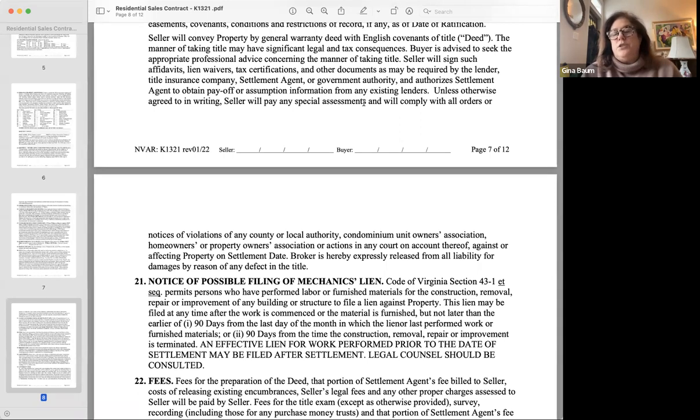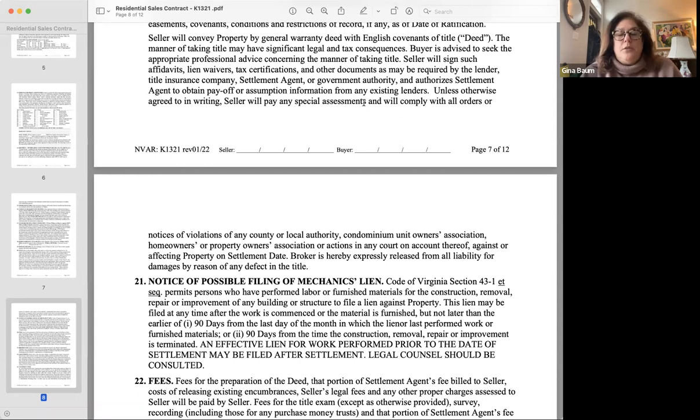The seller is responsible for that and will comply with all orders or notices of violations of any county or local authority, condominium owners association, homeowners or property owners associations, or actions in any court on account thereof against or affecting property on settlement date.